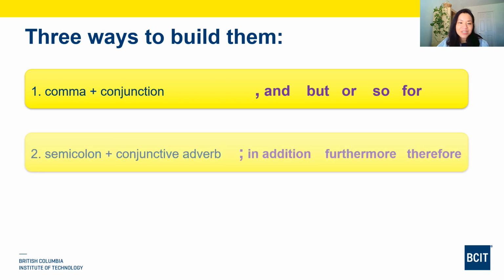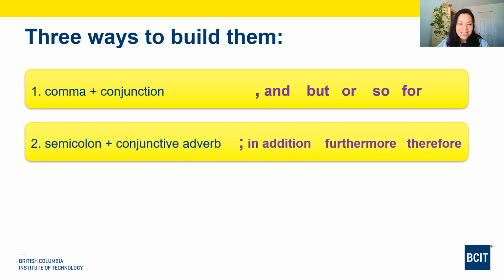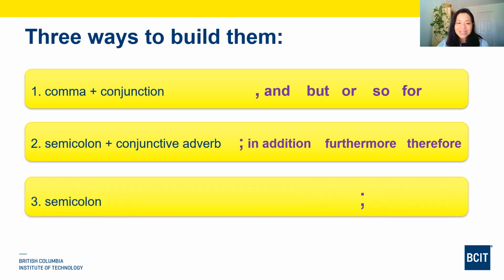The second way, which is also very common, is by using a semicolon and a conjunctive adverb. So words like in addition, however, and furthermore. And finally, the last way, which is not very common, is using a semicolon without the conjunctive adverb. Let's look at these three methods in more detail.